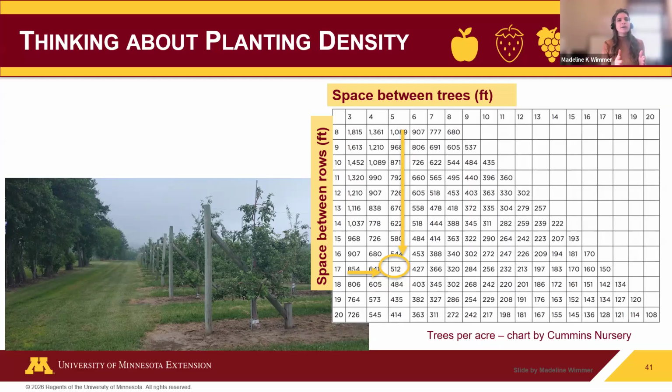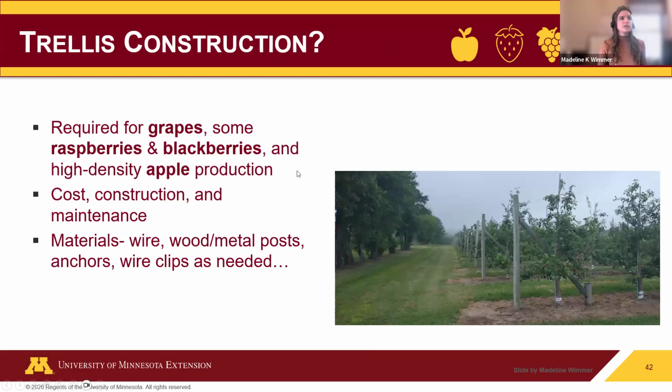You want to think about that spacing underneath your trees or underneath your shrubs. How far does that go out? With that, basically from tree to tree, that's going to be the spacing in between rows, not just the actual aisle of grass that you're going to have there. So these types of charts can be really helpful for estimation.